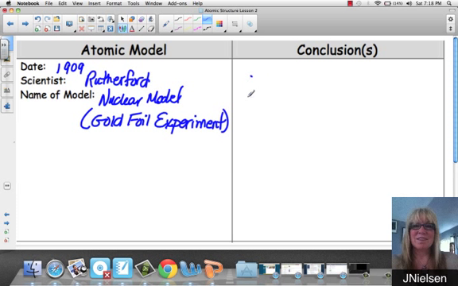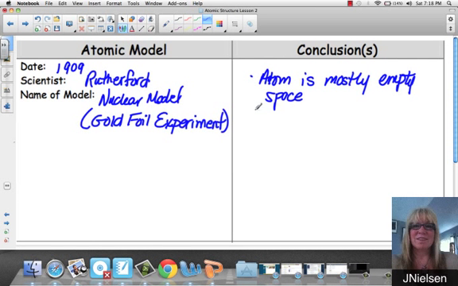And as a result of the experiment, he determined that the atom is made up of mostly empty space. So the atom is mostly empty space, and the atom has a dense, positive charged center.